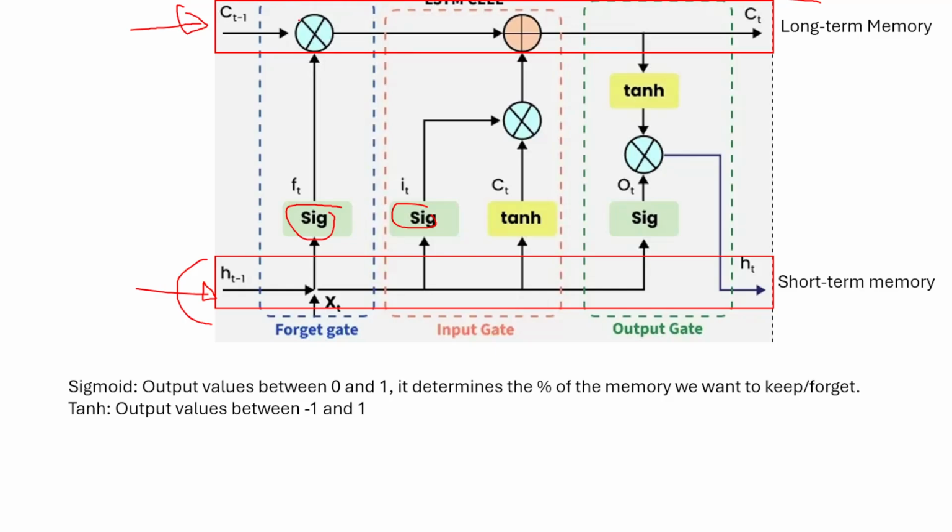We just have a multiplication, this is multiplication, and a summation, this is a plus. So this is the previous long-term memory or previous value, and this is also the previous short-term memory or previous value, and this is the input from our data.